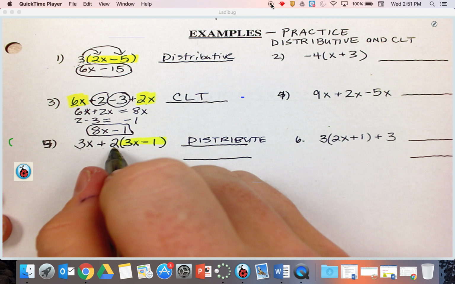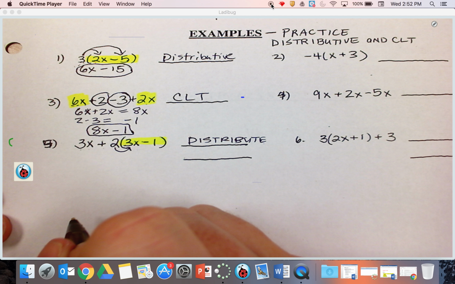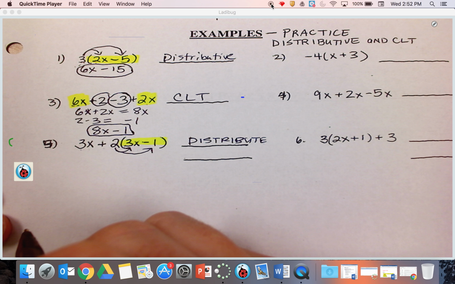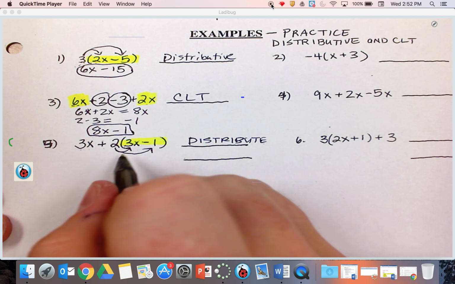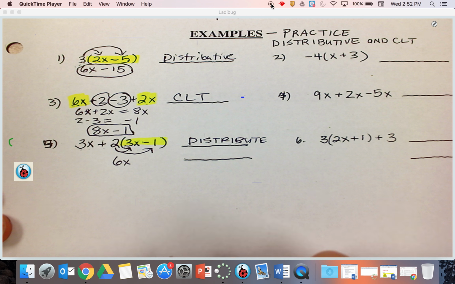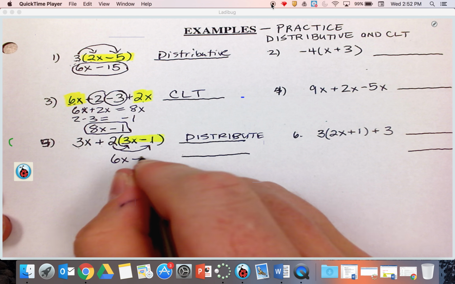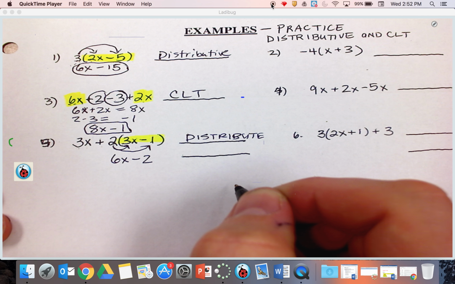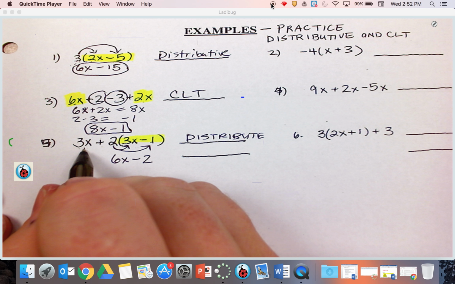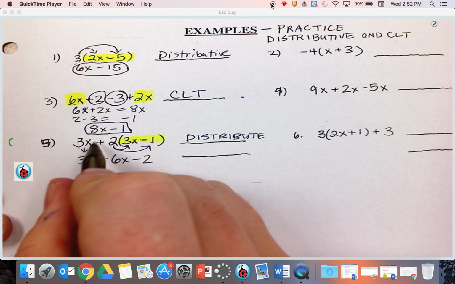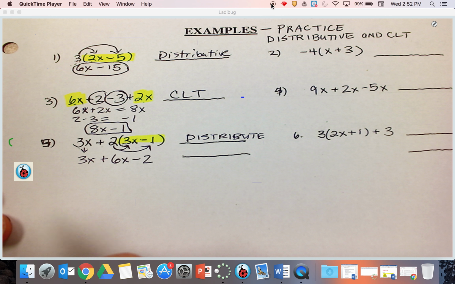Distributing would be 2 times 3x and 2 times negative 1. So 2 times 3x is 6x, and 2 times negative 1 is negative 2. And then I have this, it's just going to come down, plus 3x. I never touched that 3x, so it's still there. I've got to remember that.